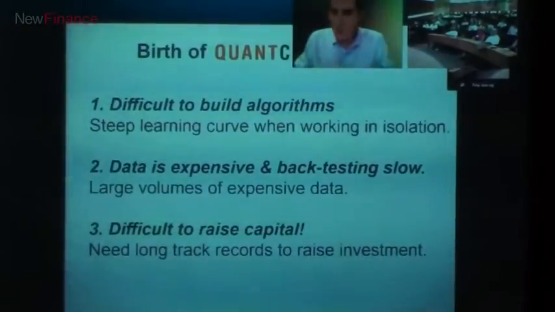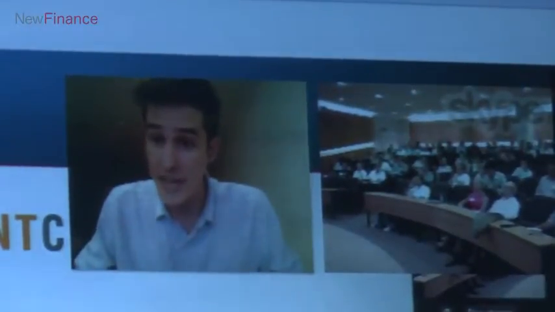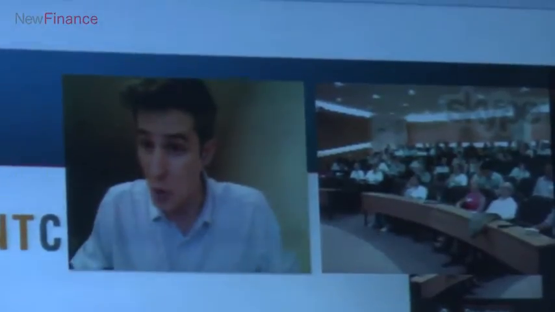So it was over this process that we really came up with the idea for QuantConnect. We started to learn how difficult it was to build algorithms and the real learning curve that you had in isolation. On top of that, we had to gather the data ourselves, and it took a long time. The backtesting was very slow because I was running on my home PC.